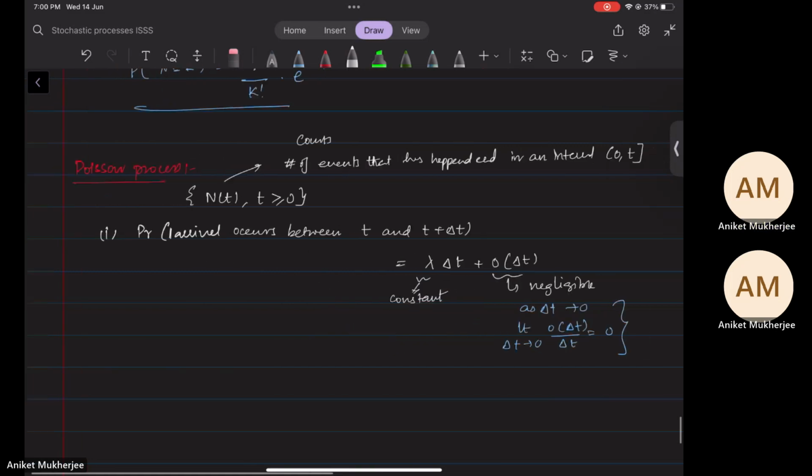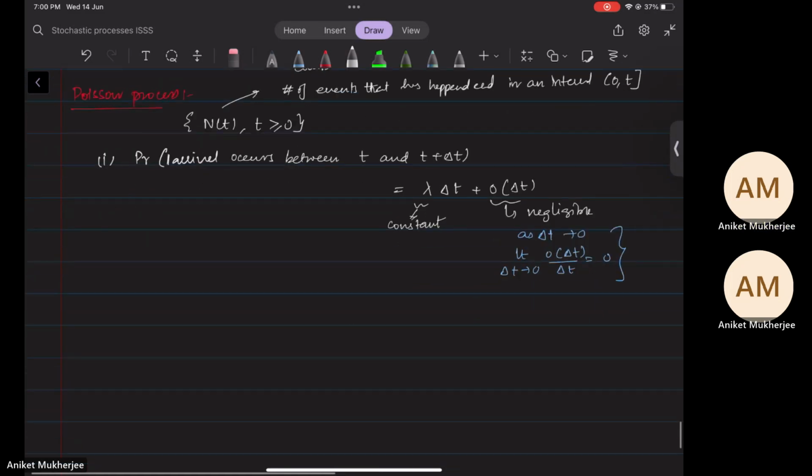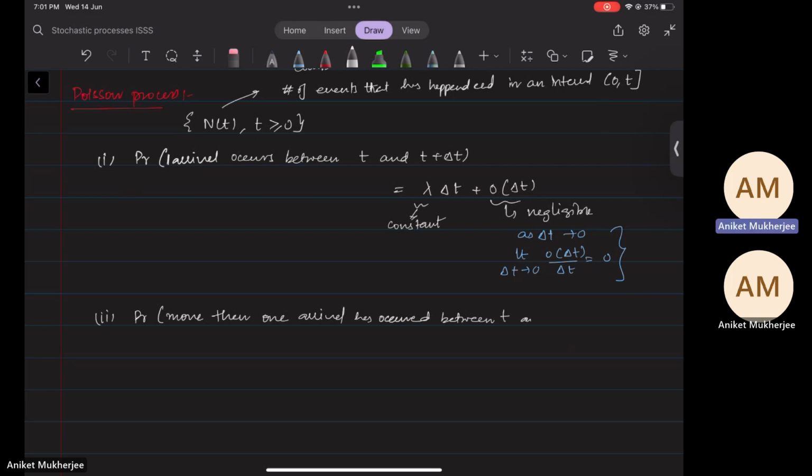So, the second thing: probability that more than one arrival has occurred between t and t plus delta t. So this is of the order delta t.